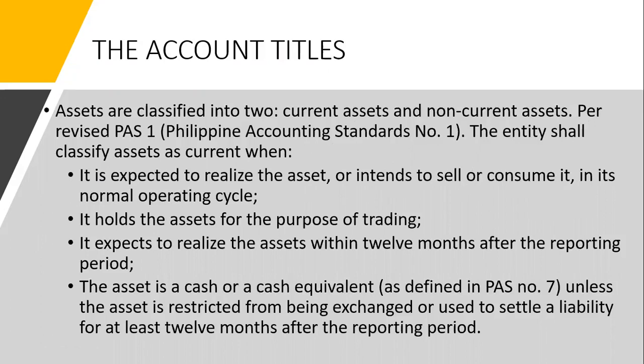So usually, the normal operating cycle is 12 months or 1 year. So if it is expected to be realized, okay, yung asset, mako-convert into cash, o di kaya mabebenta siya, or magagamit or used for 12 months or 1 year, that is considered as current assets.